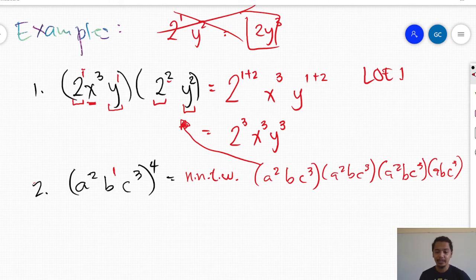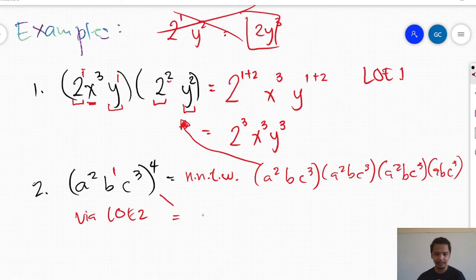Pero, ayan. Pwede na natin yung i-shortcut using yung tinatawag nating second law of exponent, yung power of a power. So, by LOE2, yan actually ay pwede na natin isulat directly as ganito.